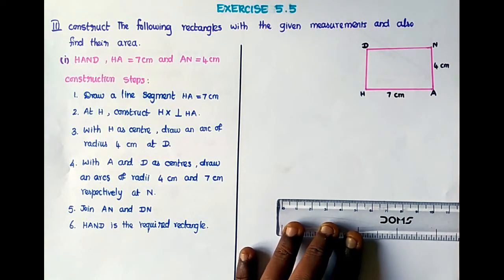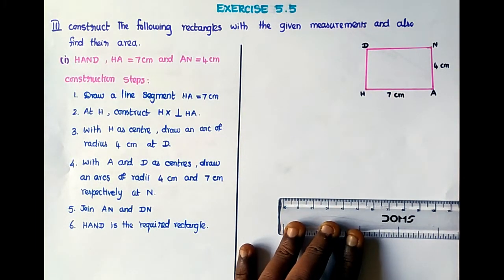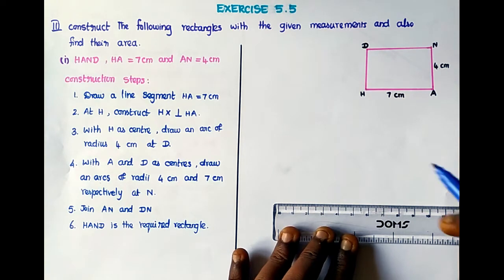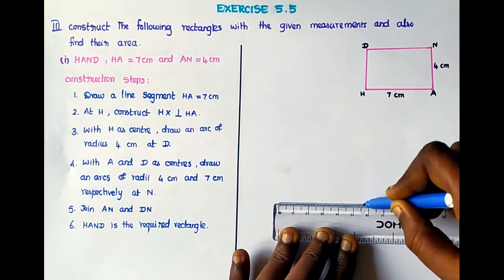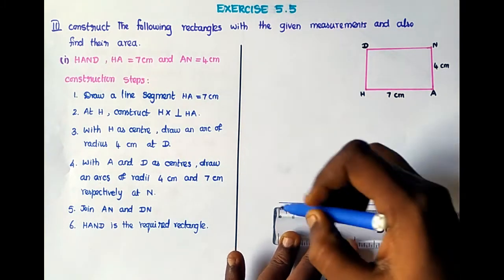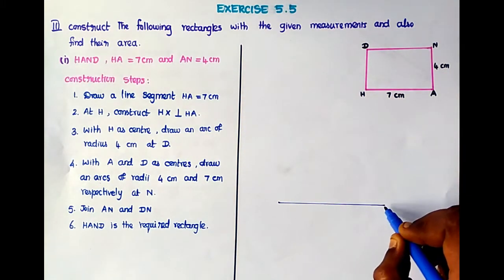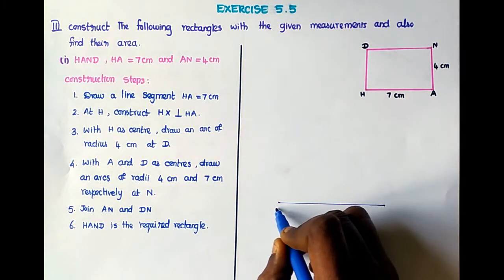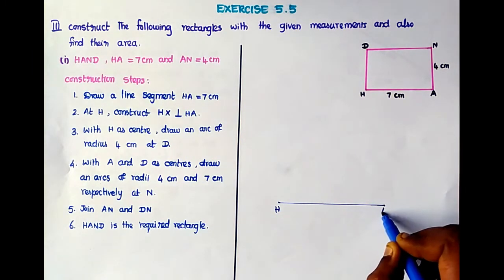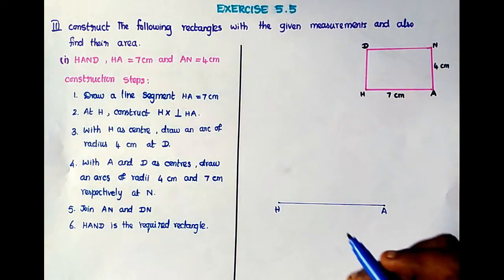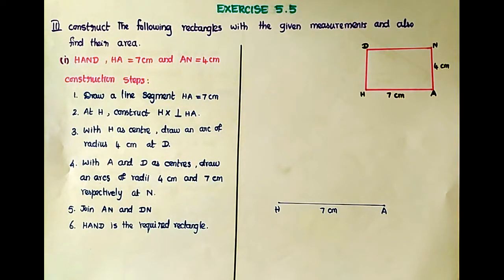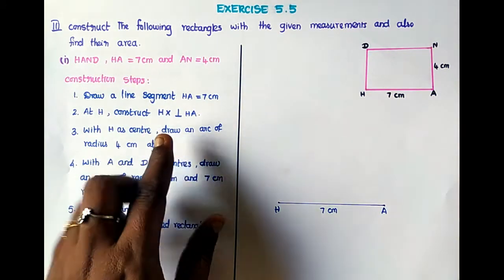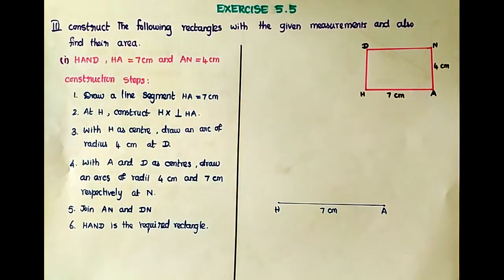So draw a line segment HA equal to 7 centimeter. HA, that is 7 centimeter, and then next at H construct HX perpendicular to HA.